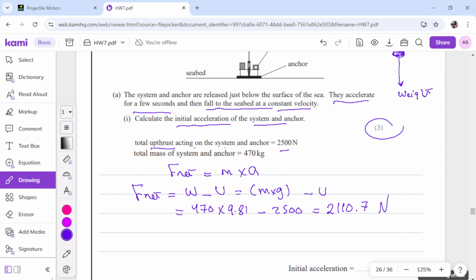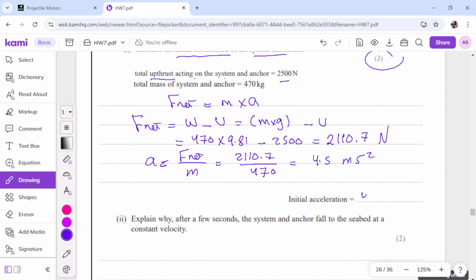Now to find the acceleration, you have to rearrange, so it will equal F net over mass. So 2110.7 over mass, which is 470, so it will be 4.5 meter second minus 2. I have to write the answer here, 4.5 meter second minus 2.